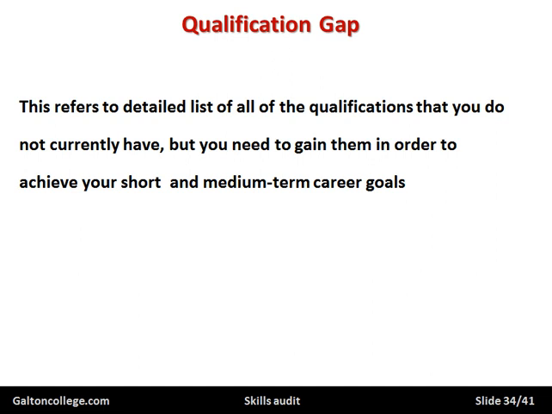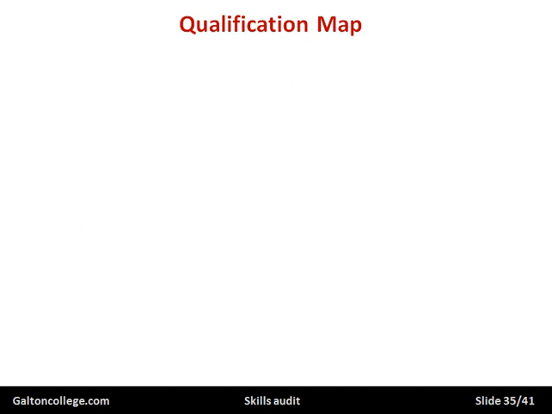So it's a question of looking at your existing set of qualifications, what you've got at school, college, university, wherever, and looking at what the market requires in terms of qualifications, and the difference is the qualifications gap, which needs to be plugged. It may mean taking on part-time education, looking at improving education to get the extra qualifications to enable you to apply for the jobs that you want.